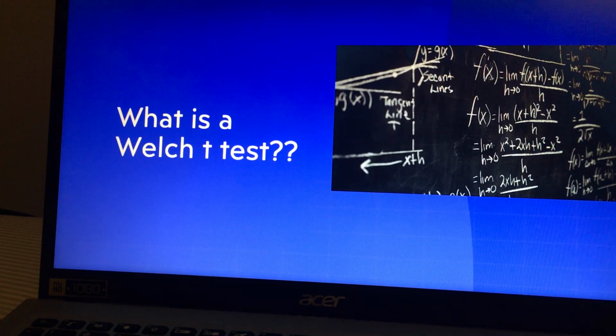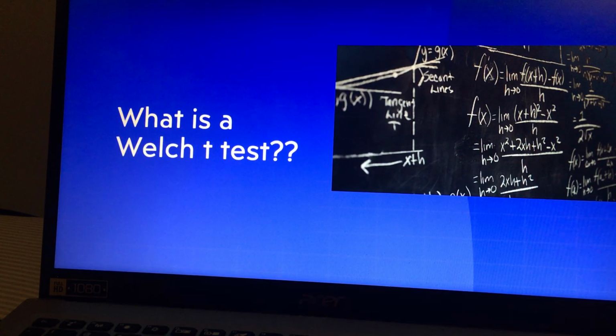So this leaves only the assumption of normality and the assumption of independence. The specifics of these assumptions are the same for the Welch test as for the student test.